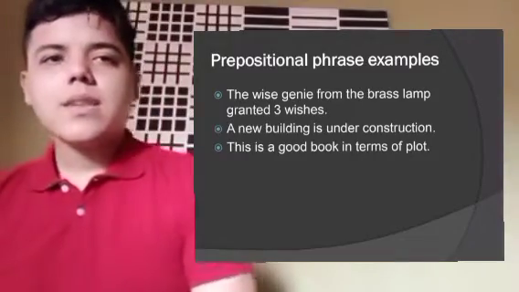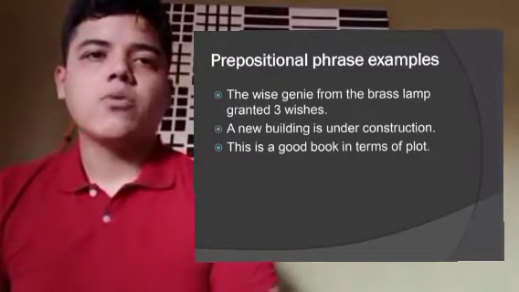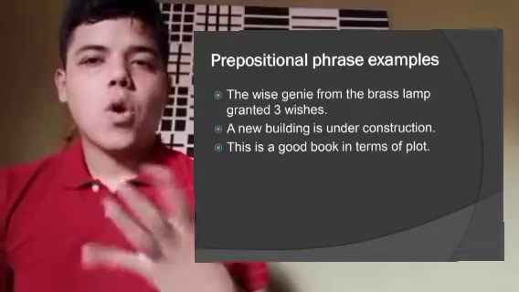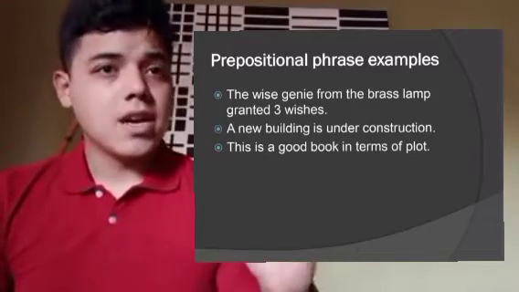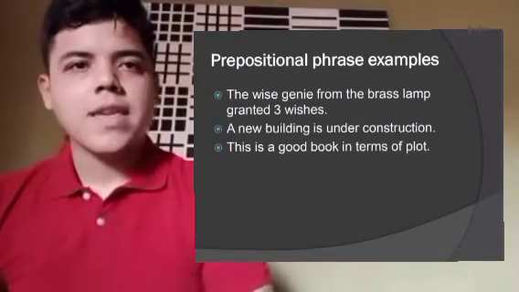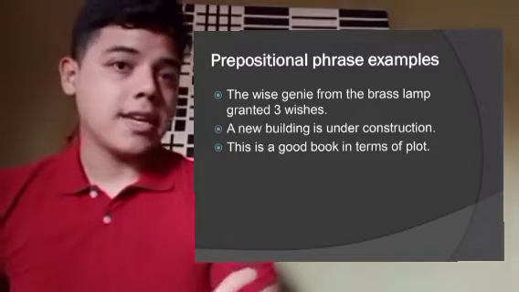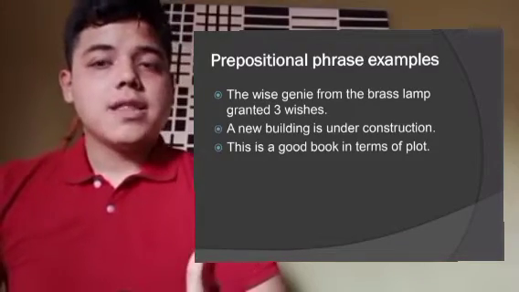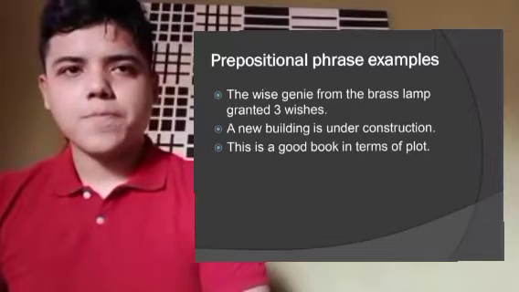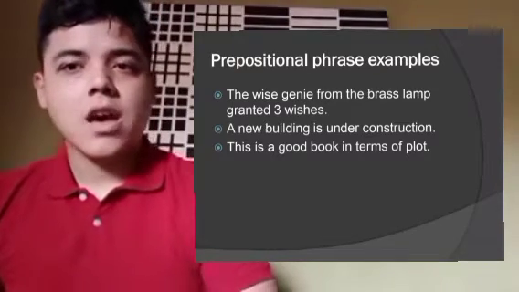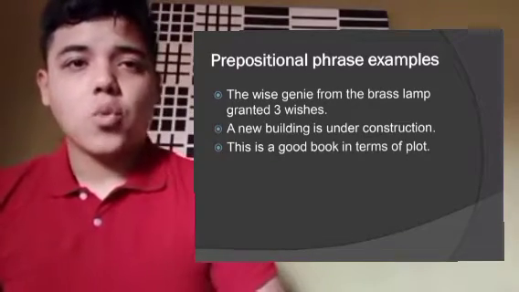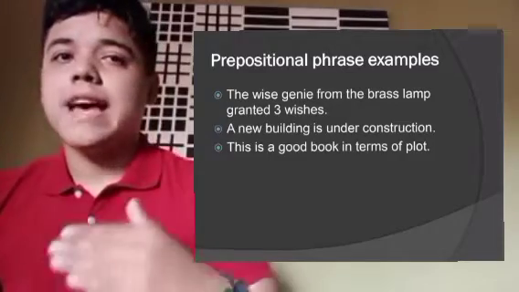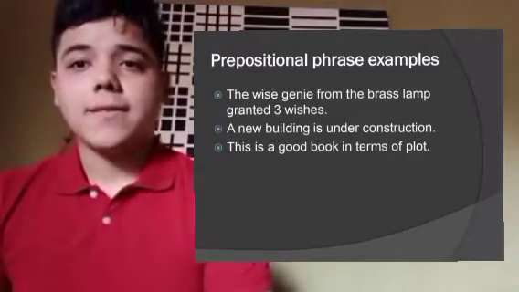So, as pre-modifier we have wise, because wise is an adjective, the is an article, and wise working as an adjective determines how our head is, our genie. So we conclude that the genie is wise.